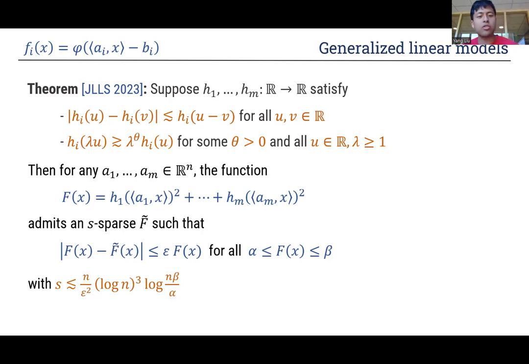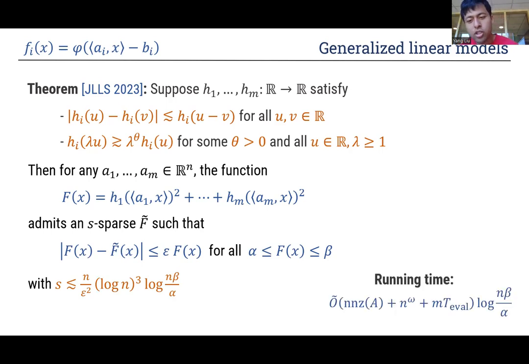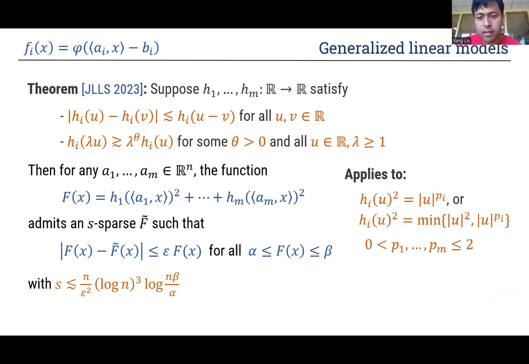And the sparsity is at most basically what you would expect, n over epsilon squared times polylog n, and then there's an extra logarithmic factor in beta over alpha. Additionally, we can compute this sparsifier very efficiently, basically in the same time as it takes to find the leverage scores of a matrix, which are used for L2 sparsification.